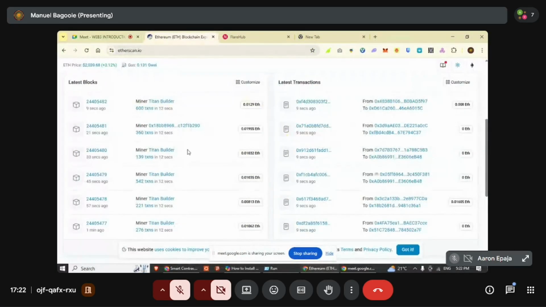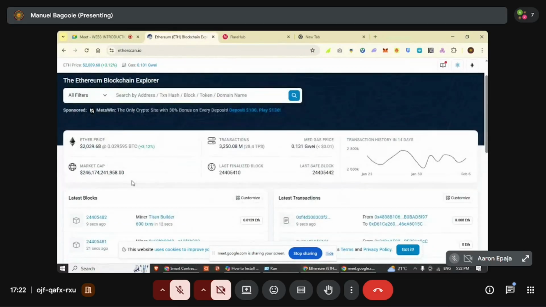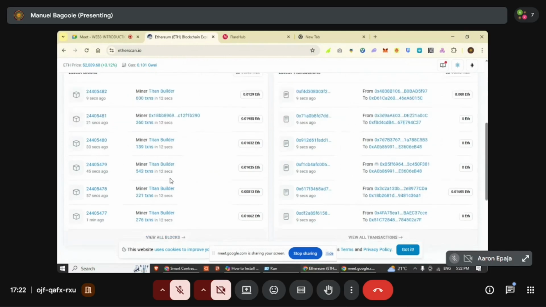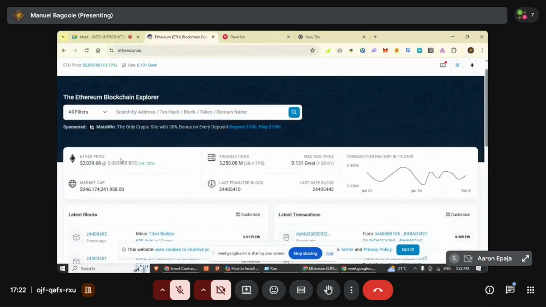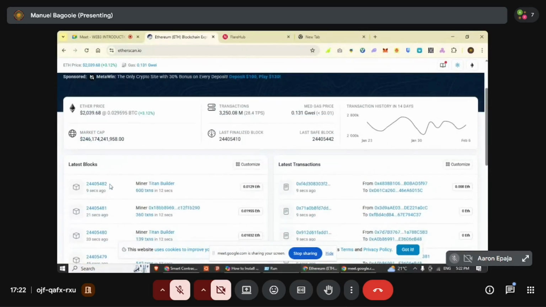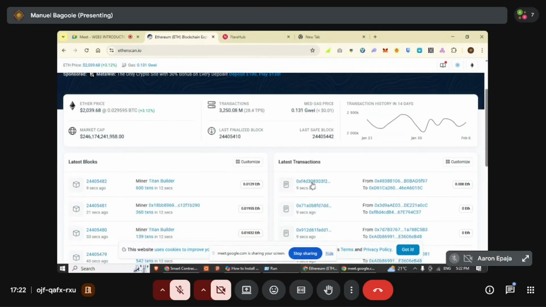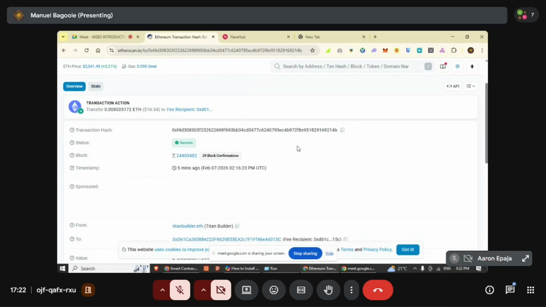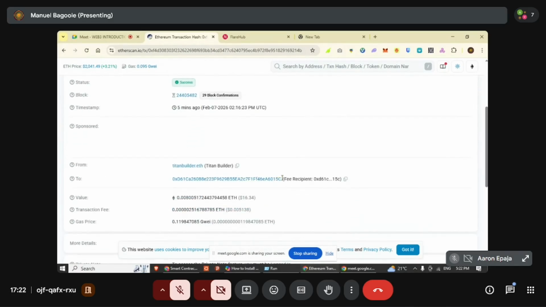So ideally an address would look something like this. If it's an EVM standard address, it would look something like here. Okay, so that's a transaction hash. It's a lot longer than an address, so an address looks something like this.